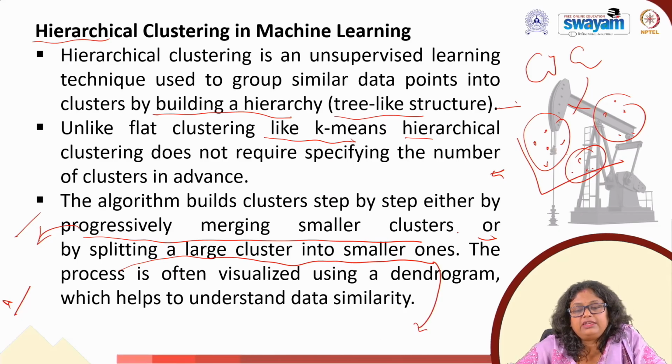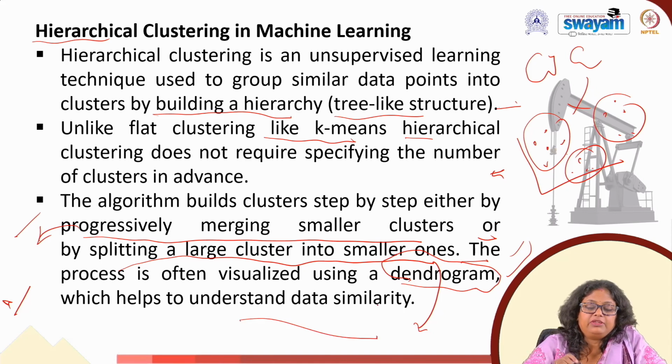So either we merge smaller clusters to make a big one, or we consider the whole data as one large cluster and break it down into smaller ones. When we do this process, it is often visualized using a dendrogram, which helps to understand the data similarity.